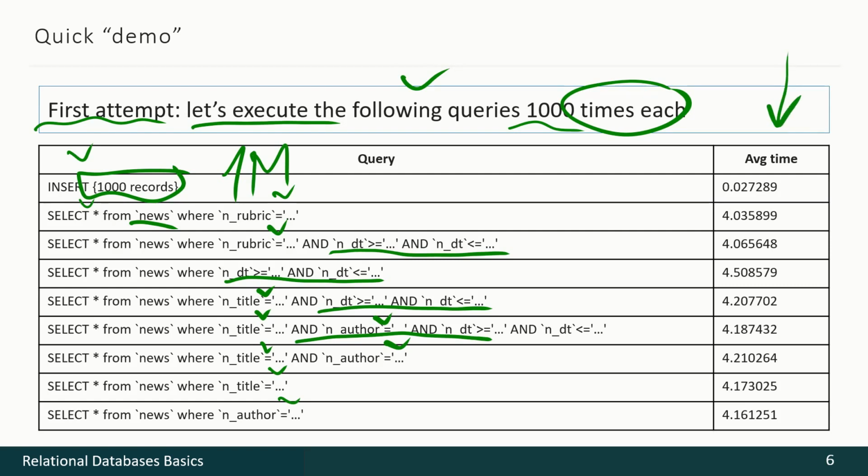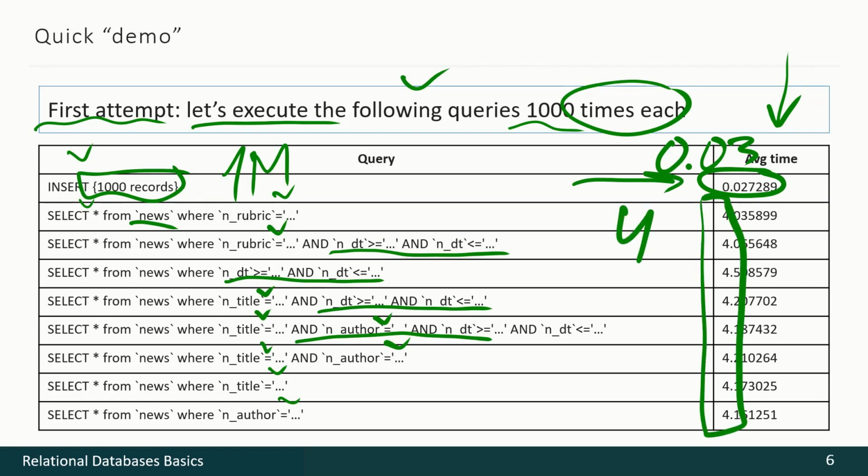The absolute time values don't matter here, but let us just remember that we have about 0.03 seconds for an insert operation and about 4 seconds for each select query.